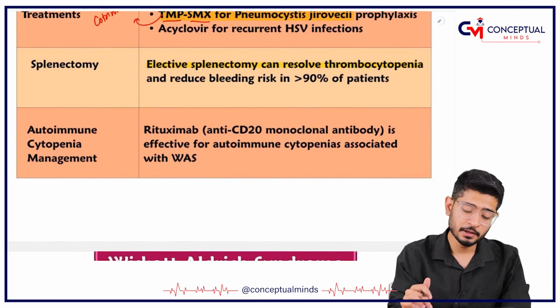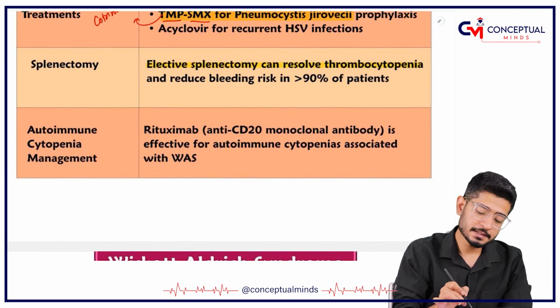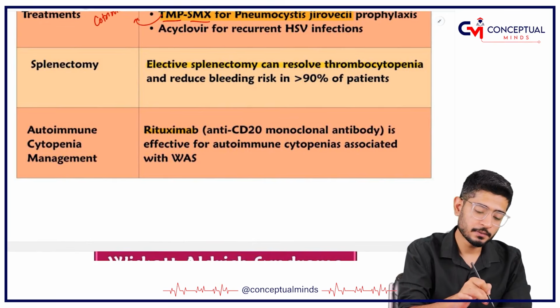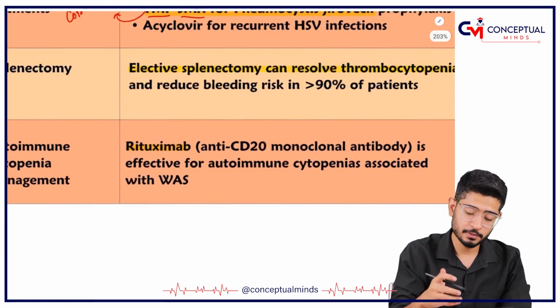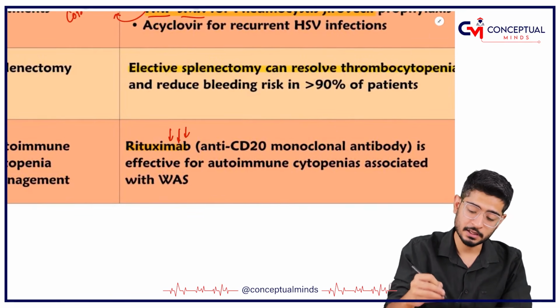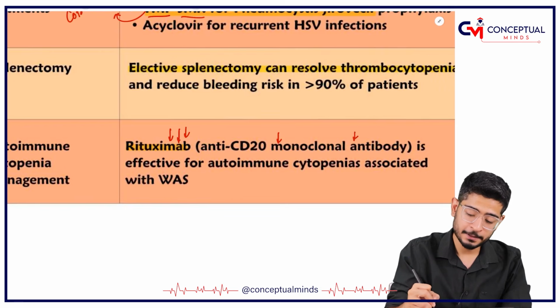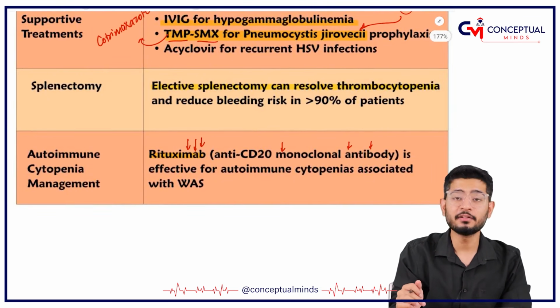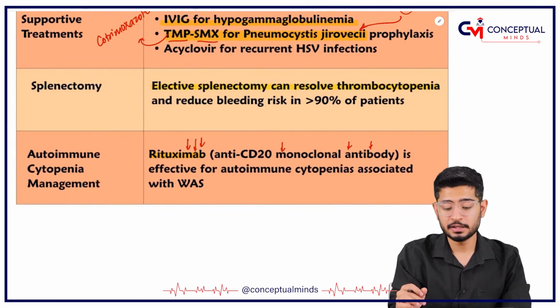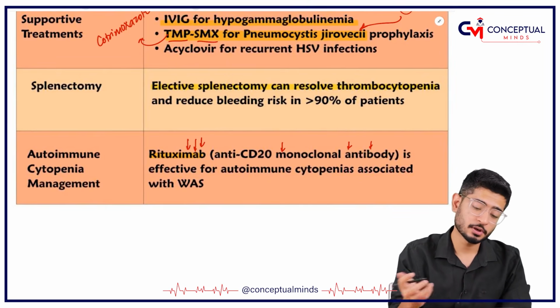Rituximab is a monoclonal antibody. I hope you are well aware from your pediatric knowledge that a monoclonal antibody is effective against the autoimmune cytopenias associated with WAS.